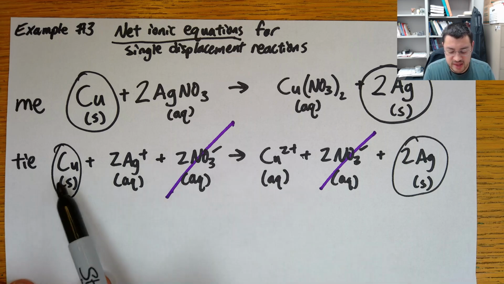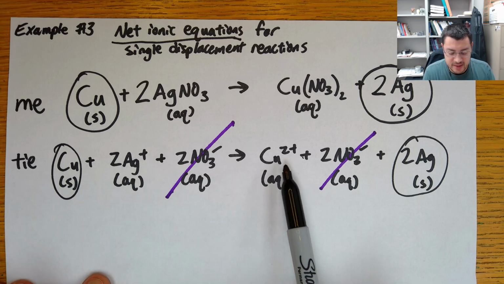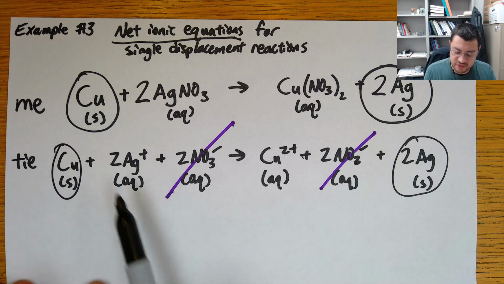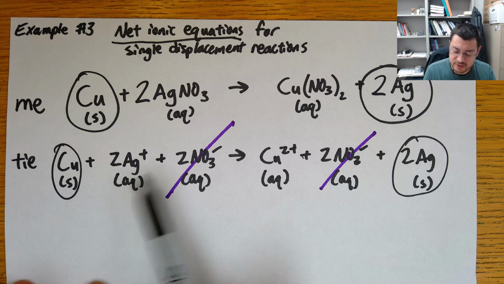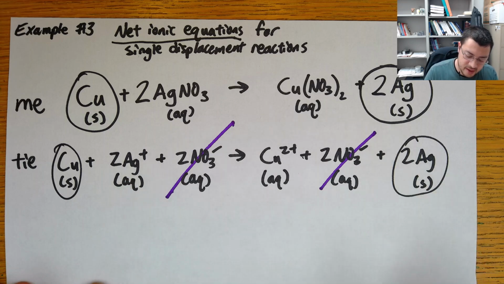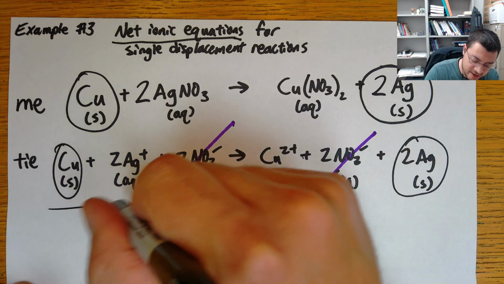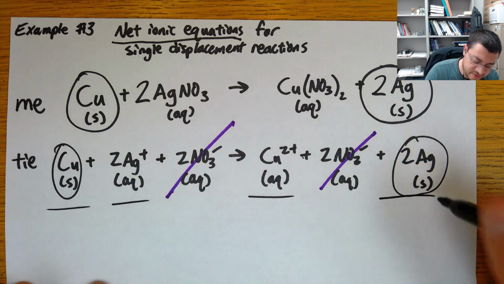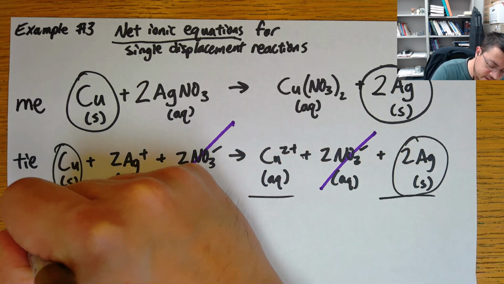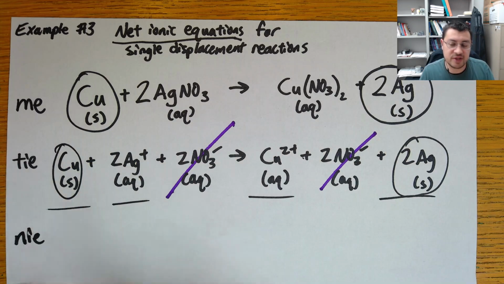If even one thing about it is different, then you cannot eliminate it. Same thing goes for silver cation here versus silver element here. So that means this survives, that survives, that survives, that survives when we're making our net ionic equation, which is the same as the total ionic equation except no spectators.